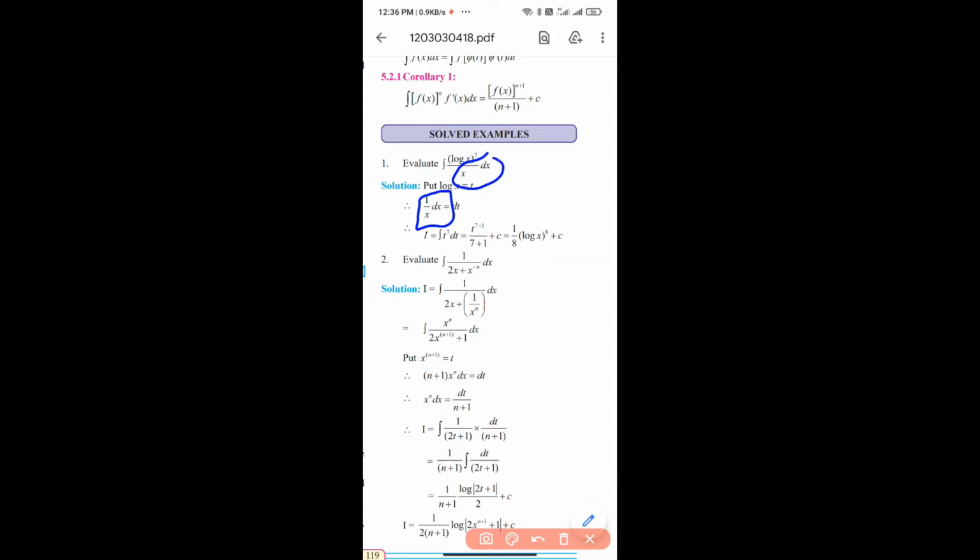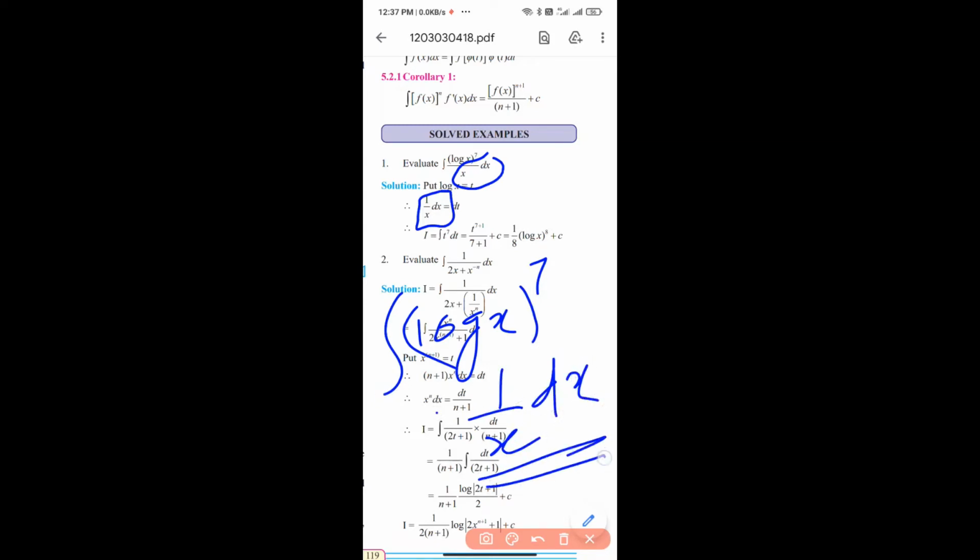So you can see that I have split the given function as log x raised to 7 into 1 by x dx. So in the place of 1 by x dx you can put dt. So that's how we have got to this.